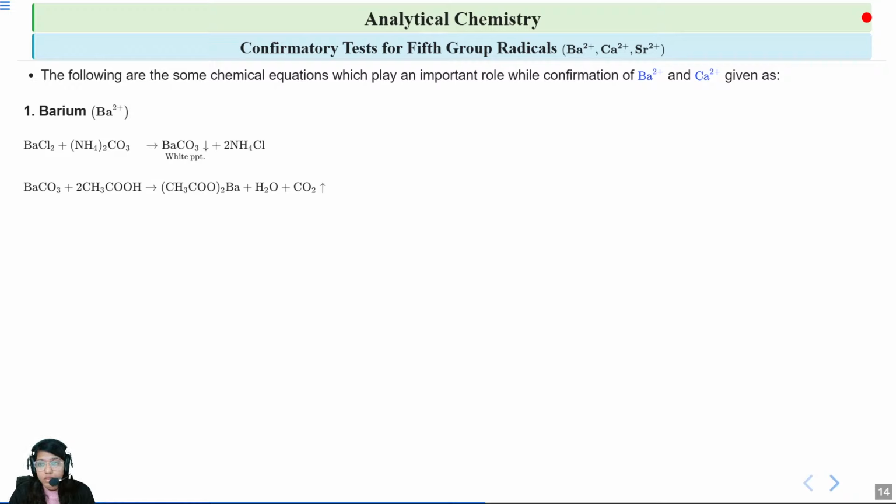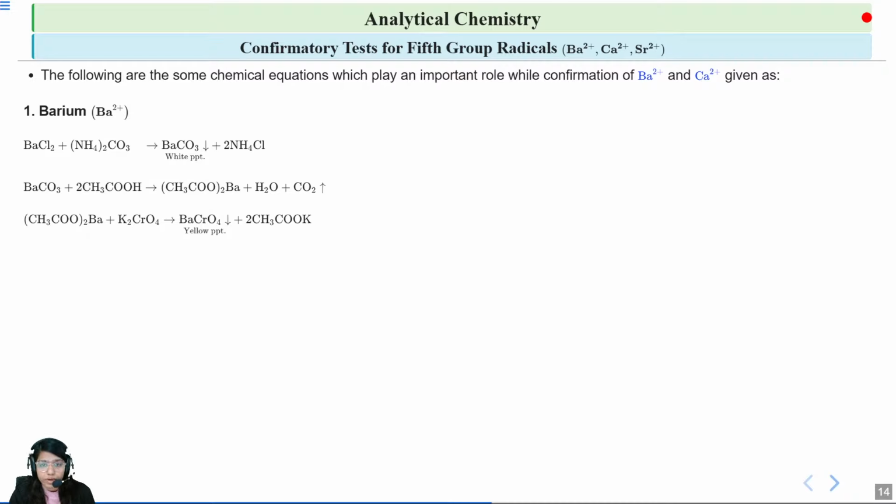So the carbonate ion CO3 2- from barium carbonate reacts with hydrogen ions that are associated with CH3COOH to produce carbonic acid H2CO3, and this carbonic acid decomposes into water and carbon dioxide gas. Barium acetate is a soluble salt, so it remains in solution.